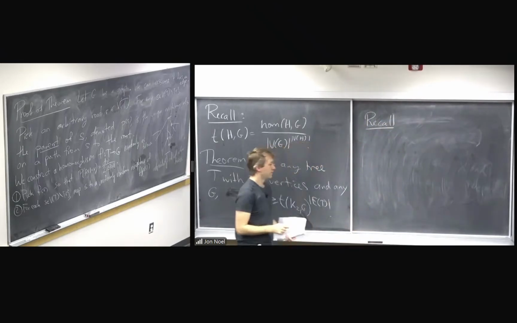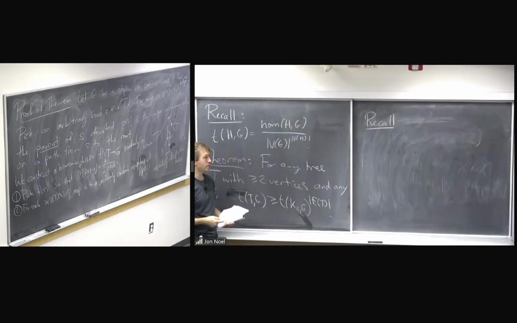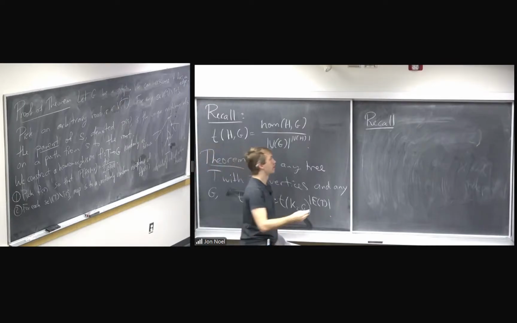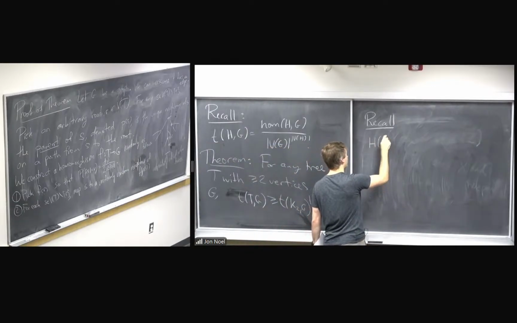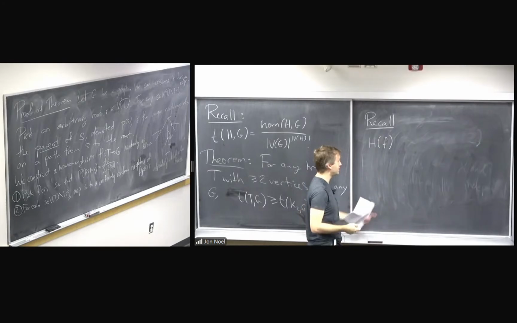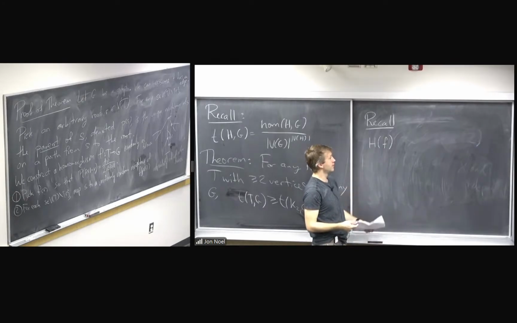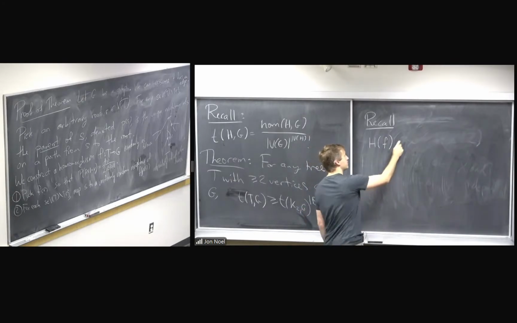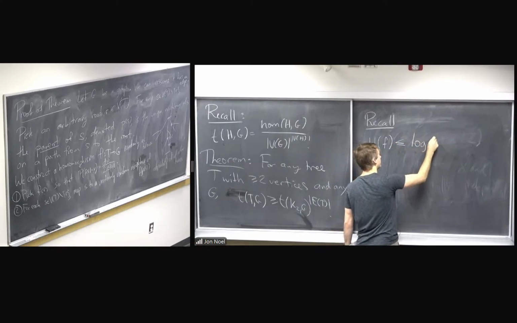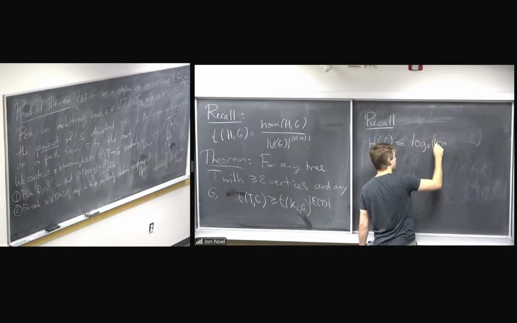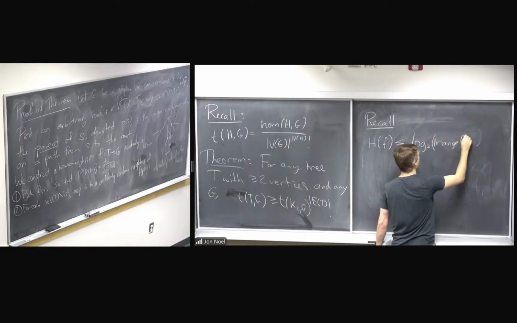So now let's recall some property of entropy, that the entropy of a random variable is at most the log of its range. So in other words, the entropy of f, where f is my random variable, a random homomorphism, is at most the log of the size of the range of f.